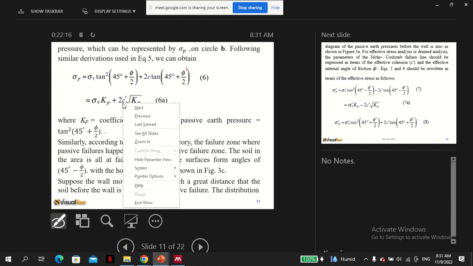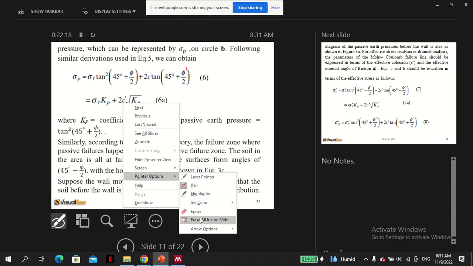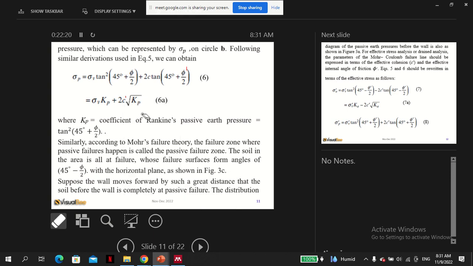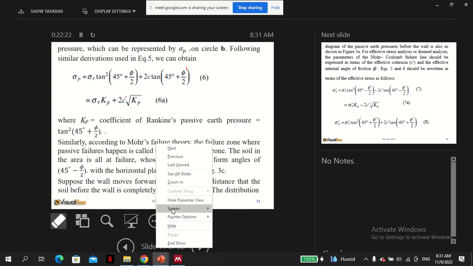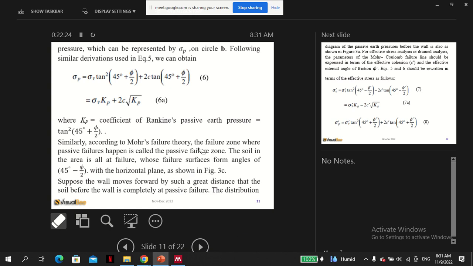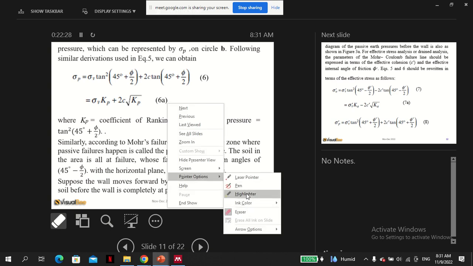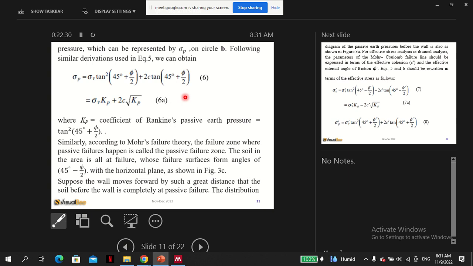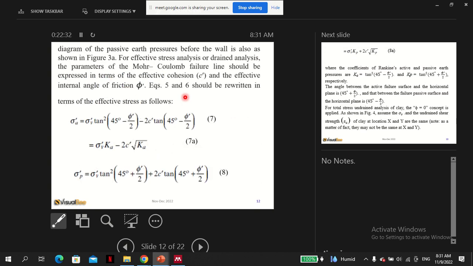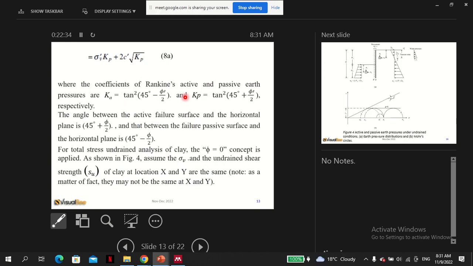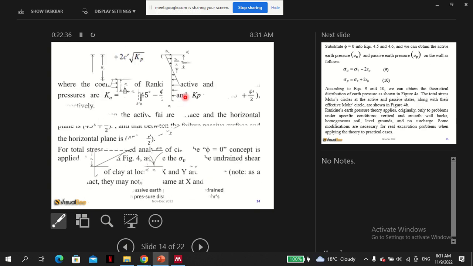That's all we are saying, but you can do a total stress and effective stress analysis. But now, of course, we expect that the effective stress analysis should be much more reliable or more accurate.